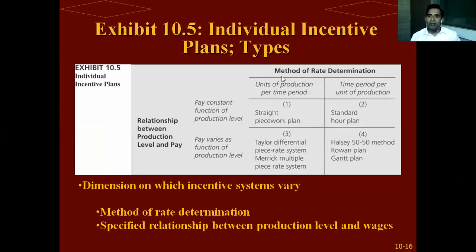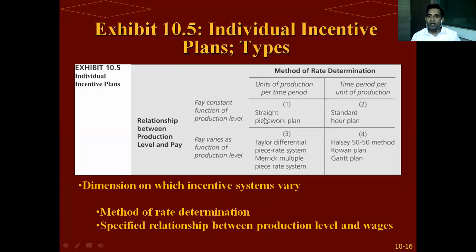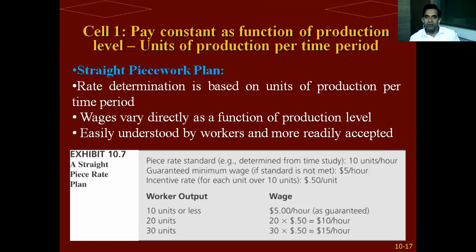In cell 1, the rate is determined by units of production per time period, for example the number of units manufactured per hour, and the pay is a constant function of production level. Irrespective of whether that many units are produced or not, some minimum wage is guaranteed. We already remember that from the straight piece work plan.